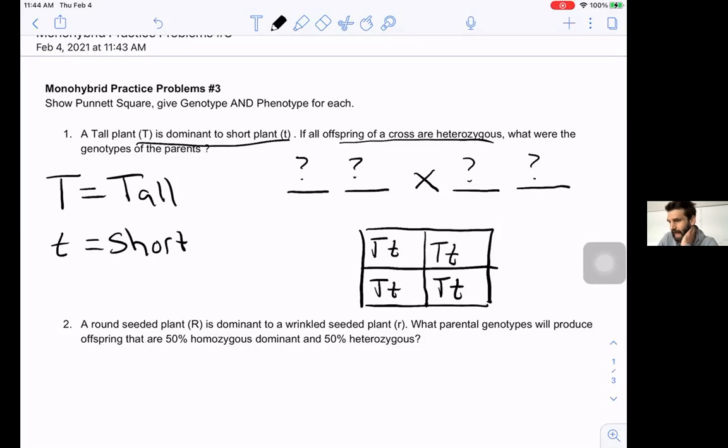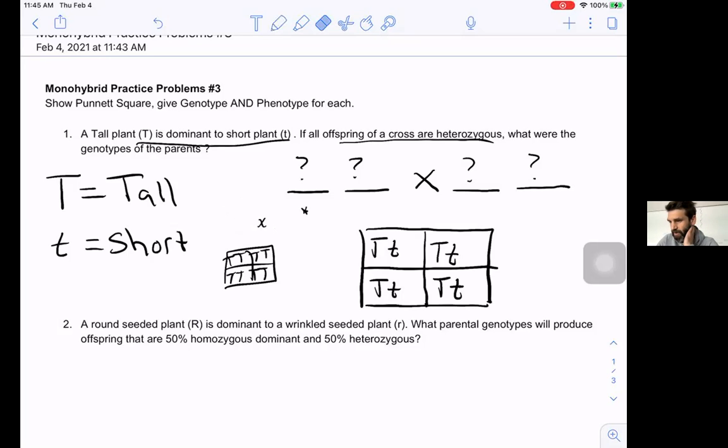Well, I know that if I crossed 2 homozygous dominant, all of the boxes are going to be big T, there's no other gamete here. So all of the offspring are going to be homozygous dominant.